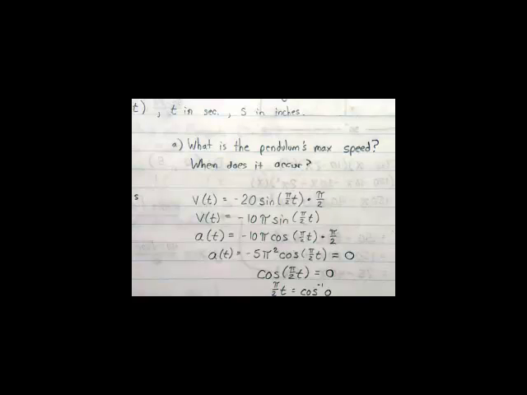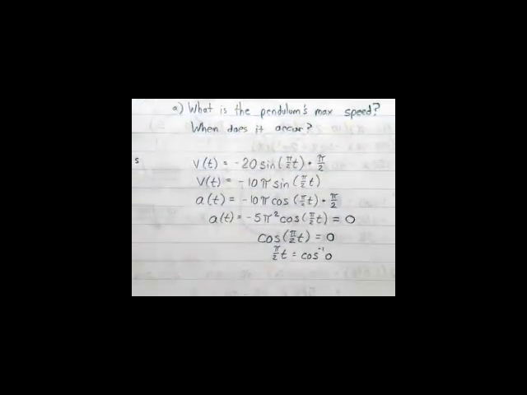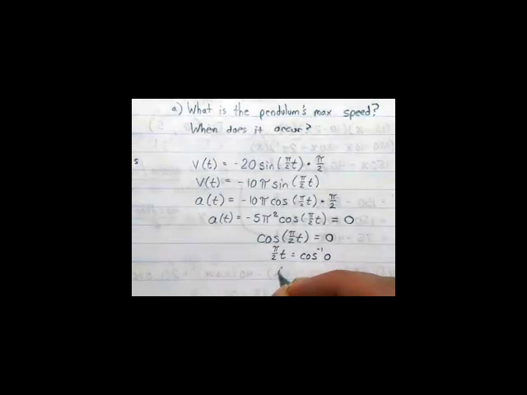Okay, so when is the cosine equal to 0? Think of your unit circle. Pi over 2, 3 pi over 2, and then et cetera, right, from there.